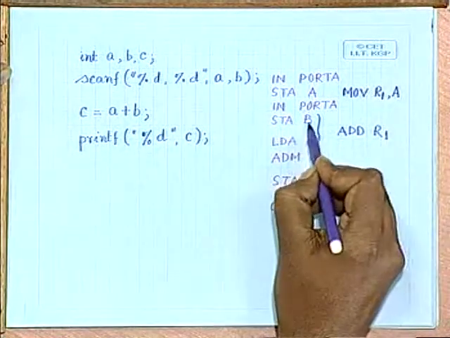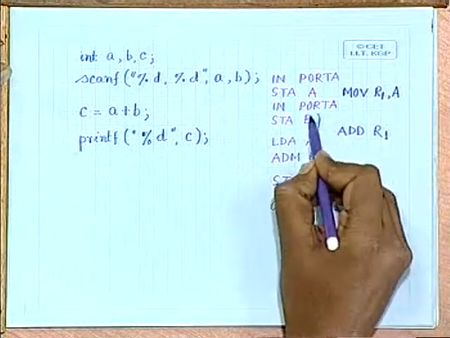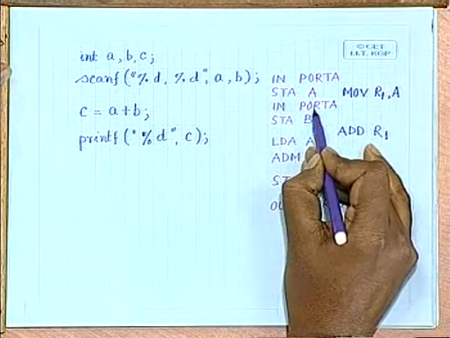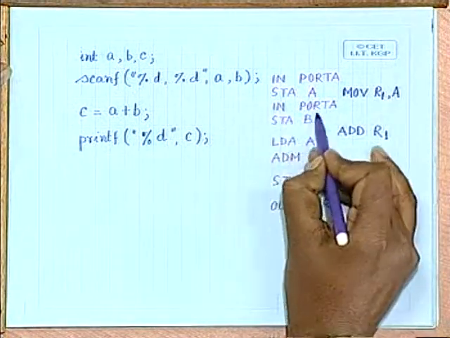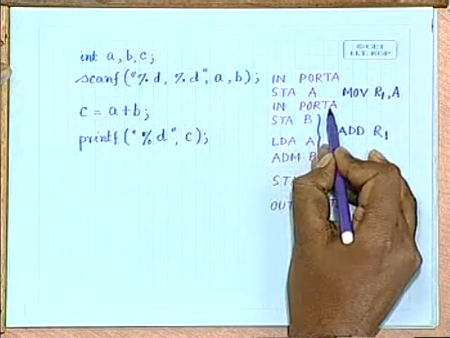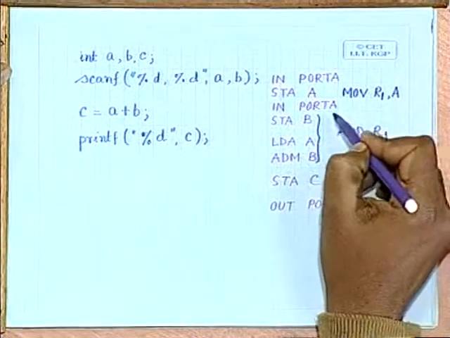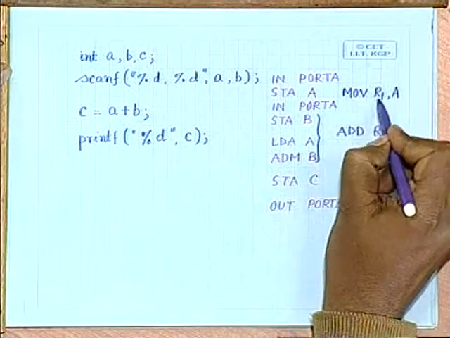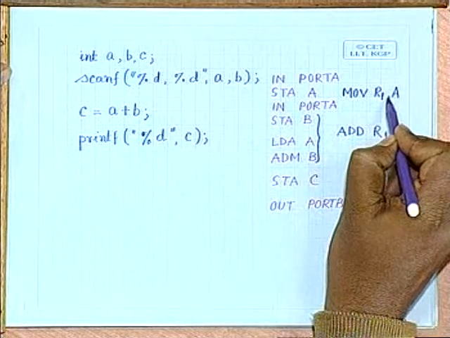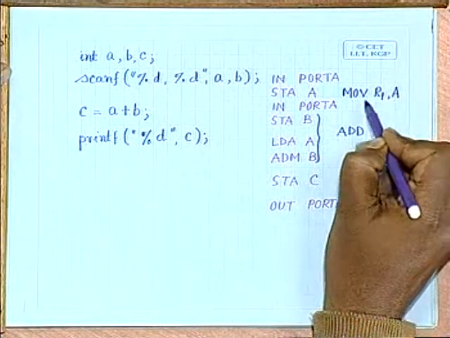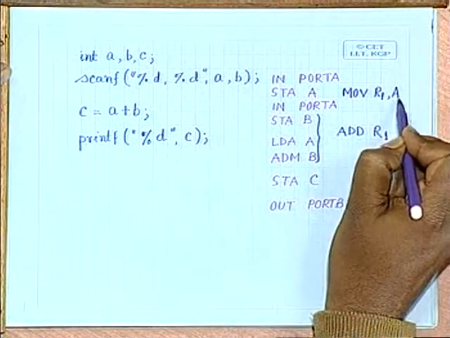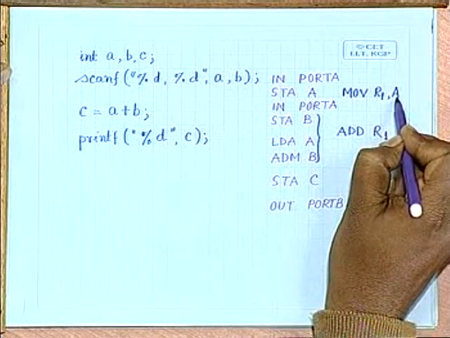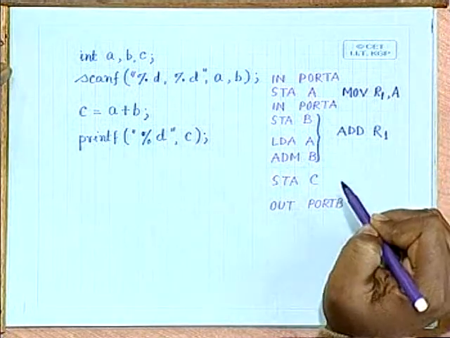because the value of the variable B is already available in the accumulator, which is done by this second input statement, that is in port A, and the value of the variable A is already available in register R1, because we have moved the value of variable A from the accumulator to register R1.